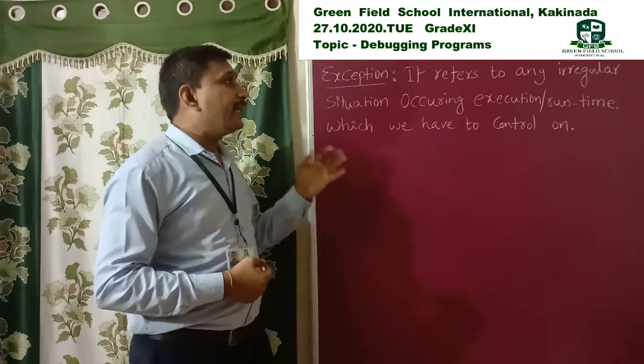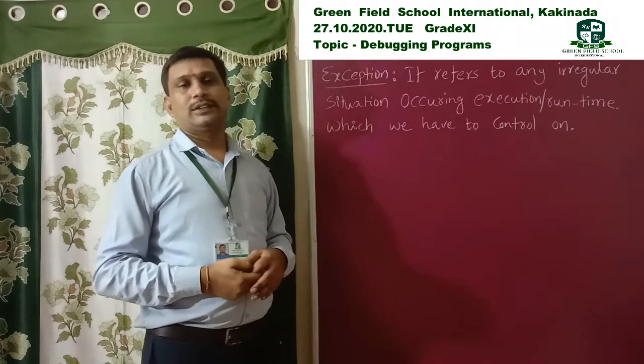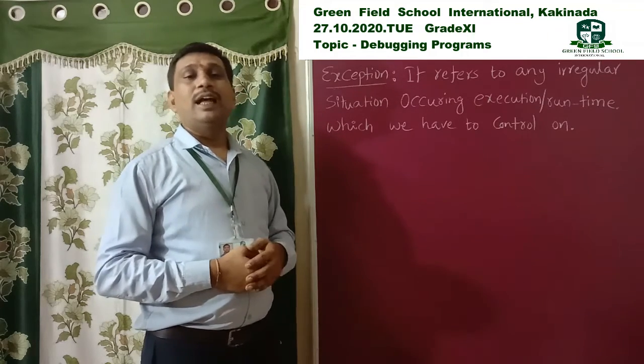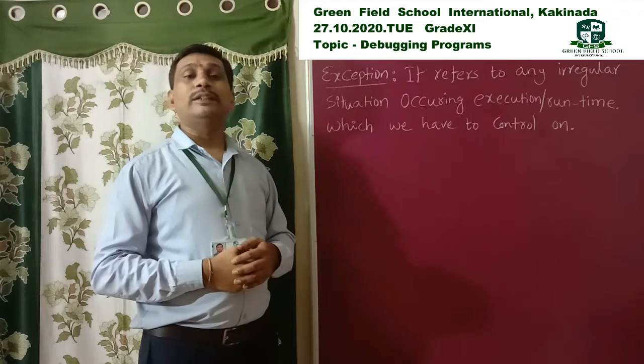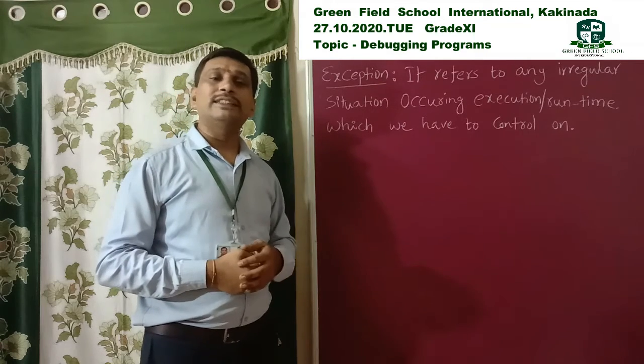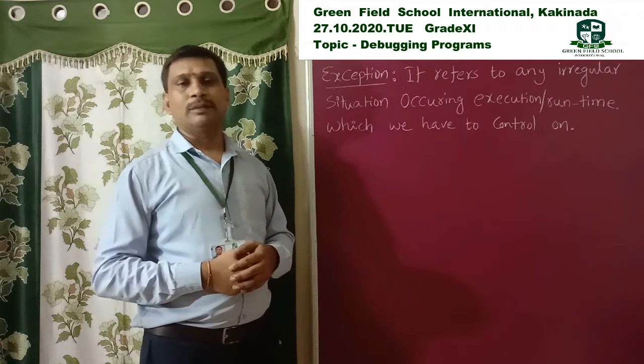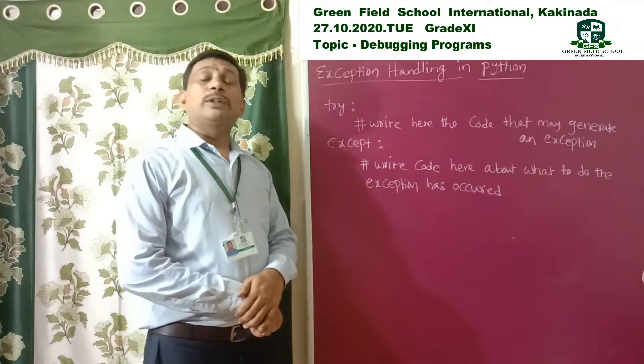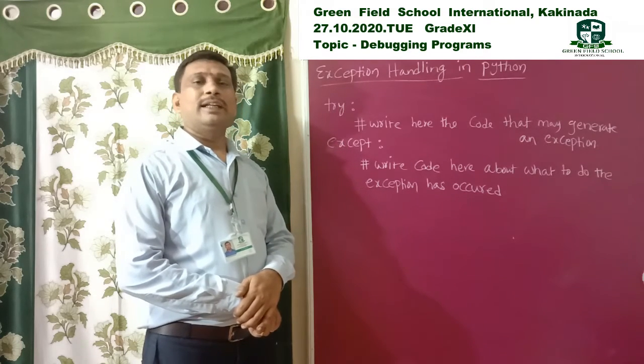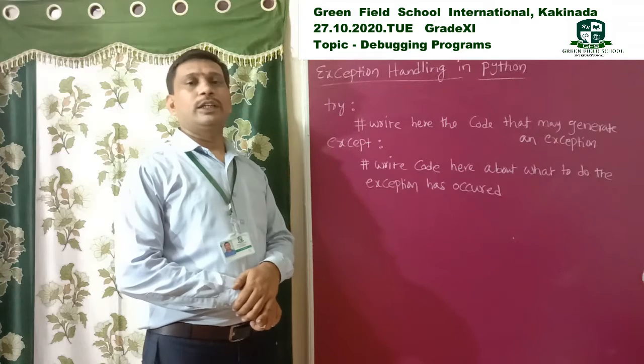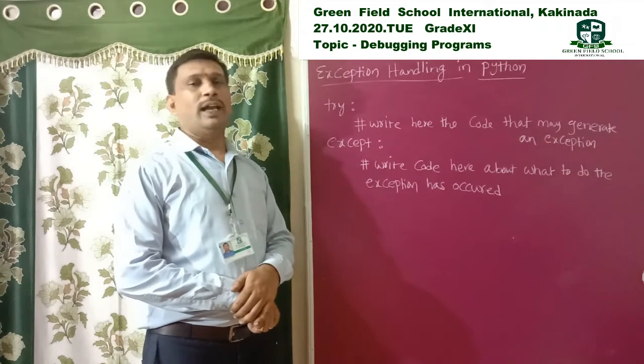To handle this type of situation, we implement an exception handling mechanism in programming languages. An exception is a trappable error, an irregular situation when you are executing a program.